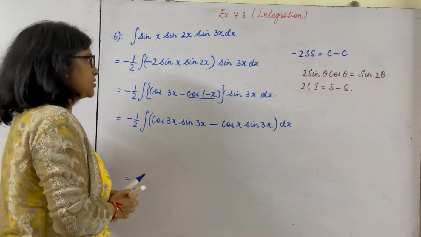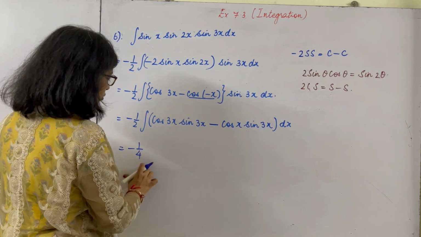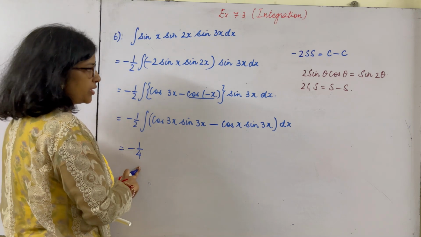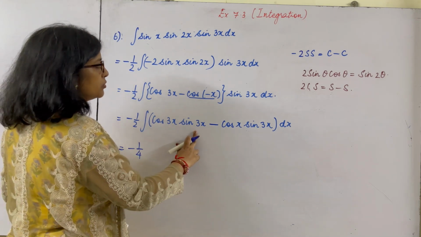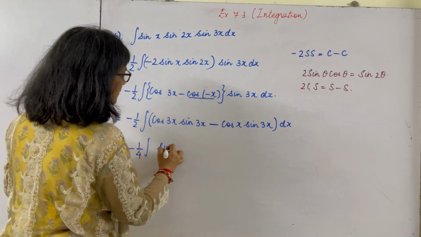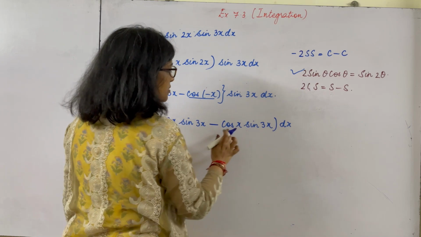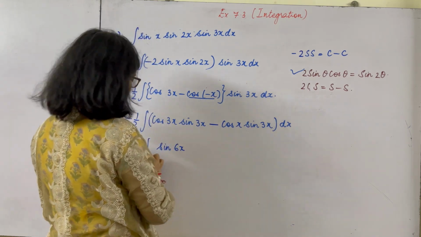Let's put these formulas here. But for that we need one more 2. So I am dividing by 2 again, and this will become 2 sine theta cos theta, which is sine double the angle, this one. And this is 2 cos sin because we have multiplied by 2 now.